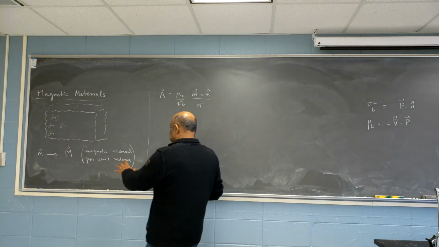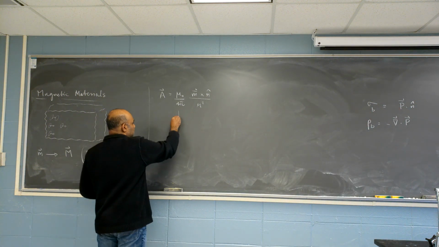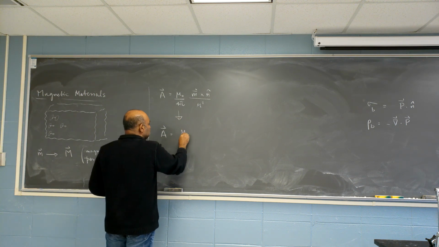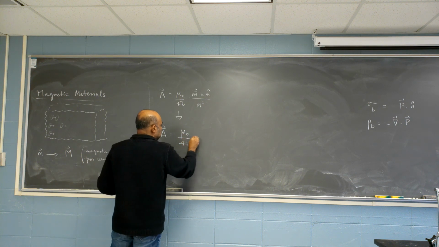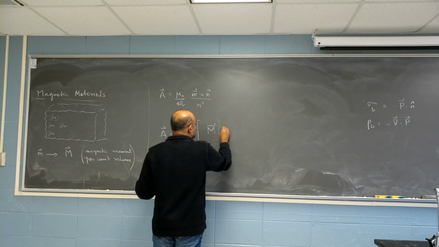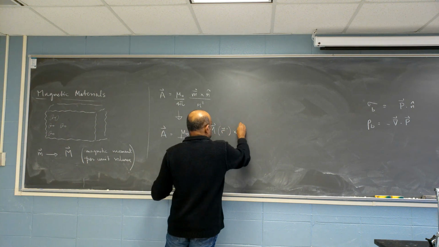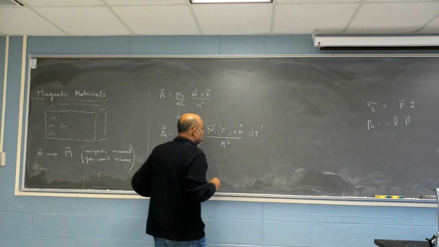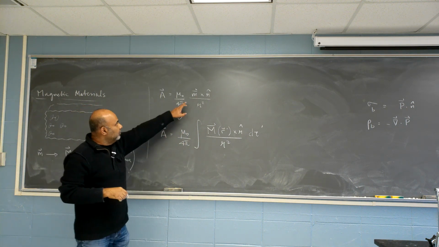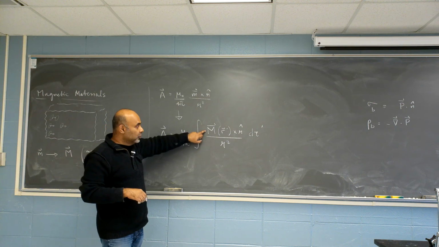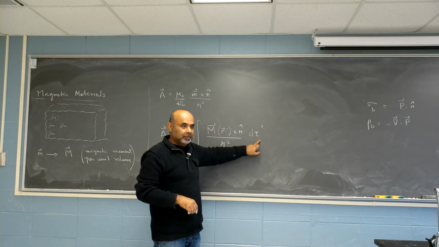So first of all, this addition changes A. This is where all the sources are. See, M is being replaced by this, but this is magnetization per unit volume, so you have to integrate over the entire volume.